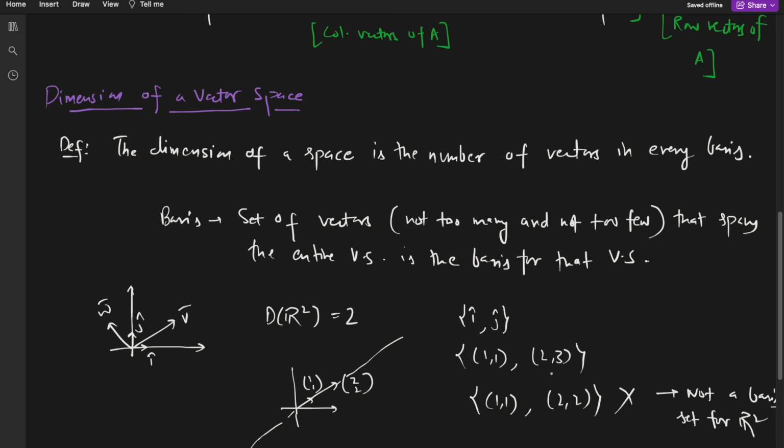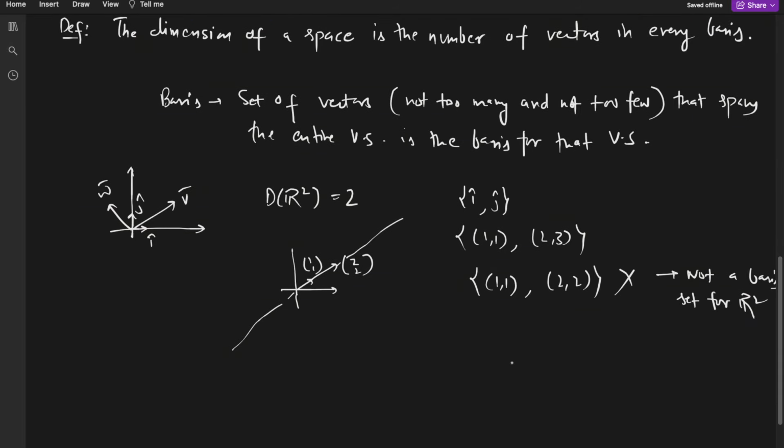So you take any basis set for R2, the length of that basis set is going to be 2 only, and therefore the dimension of R2 is 2. Similarly, the dimension of R3 is 3. Why? Because any basis set for R3 will always contain 3 vectors, because you need a minimum of 3 vectors to span the entire R3.